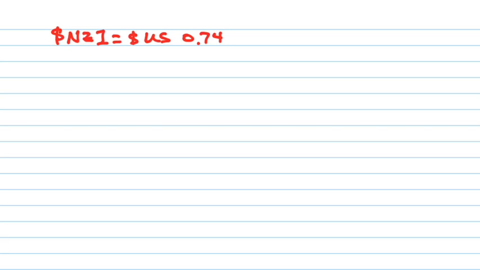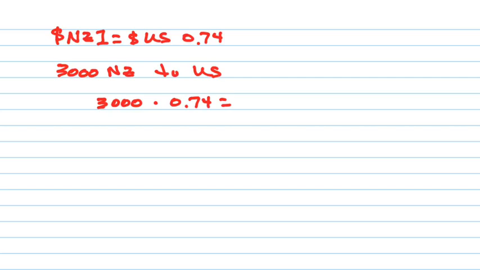How much US dollars is that worth? So 3,000 New Zealand to US is what we want. Do you agree that that's what it's saying? Okay. So that means we're converting from New Zealand, which is our 1, to US, which is the decimal rate. So we simply take our 3,000 New Zealand dollars times 0.74.